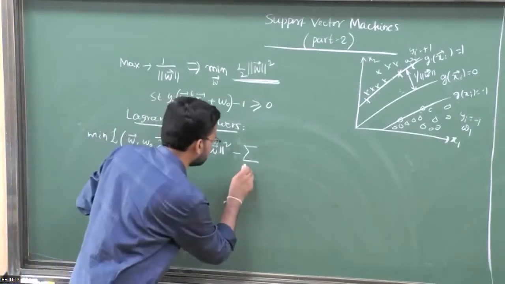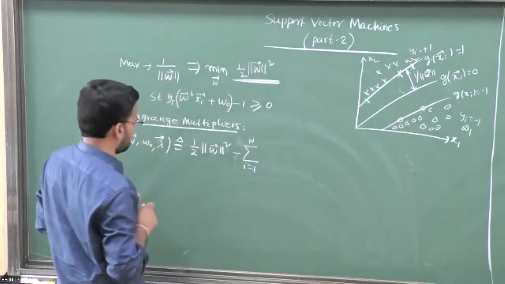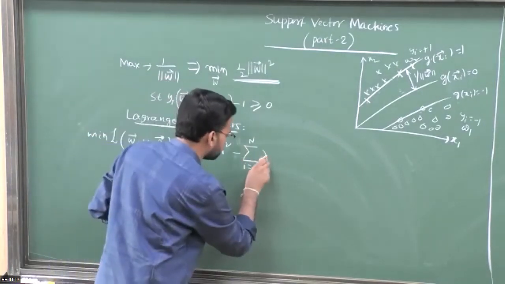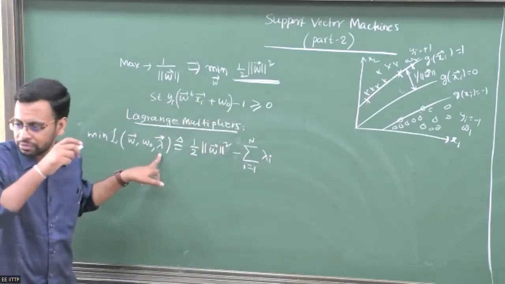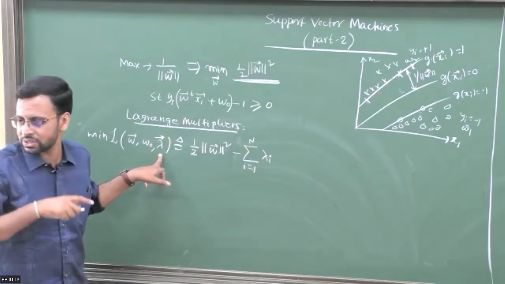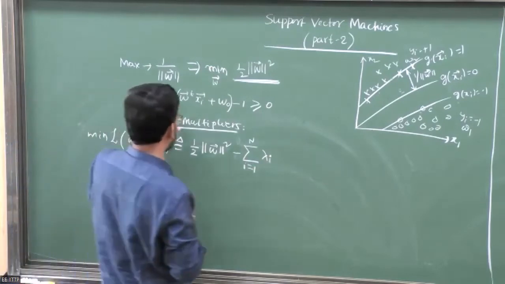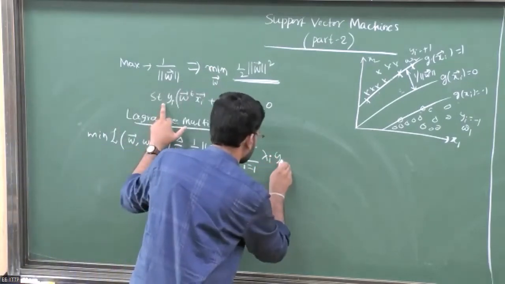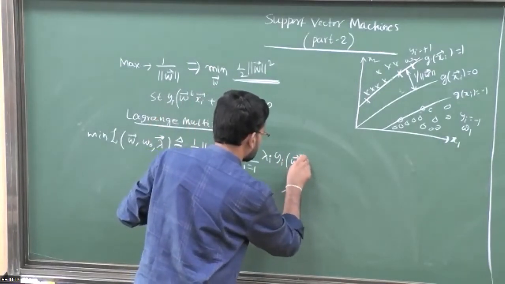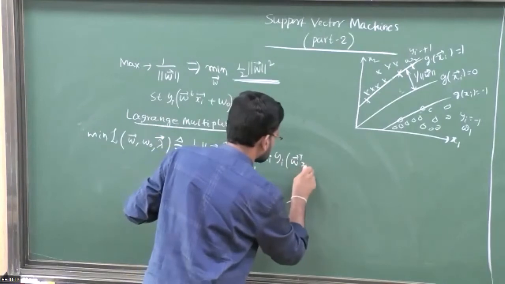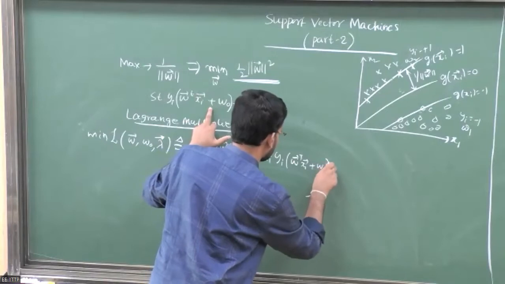So what can I do here? i is varying from 1 to n. And let me give a weight to each of them, lambda i. That's what this is, a vector of lambda 1 to n. That is what I am referring to as lambda bar, the new parameter introduced here, lambda i times yi into W bar transpose xi bar plus W naught.